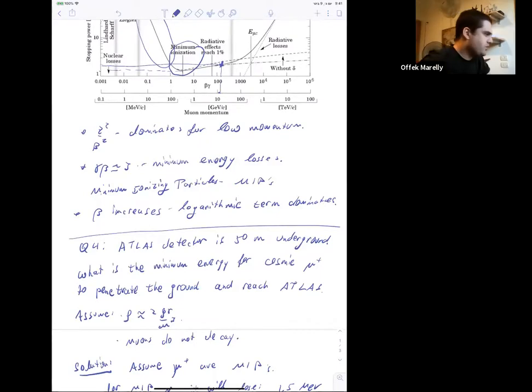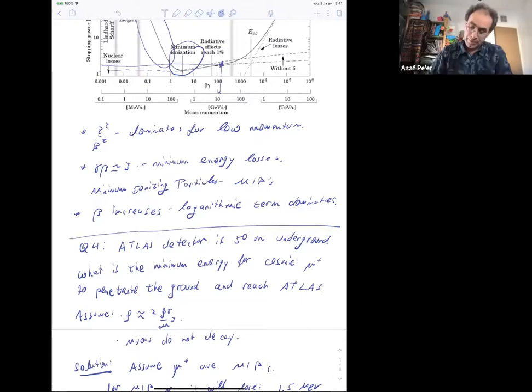By assuming it's a MIP, you could basically take this part of the graph and use that in your equation. Yeah, exactly. Yes, here. Not the easiest, because there is a logarithmic correction, so I have to go to quite high energies to get it done.